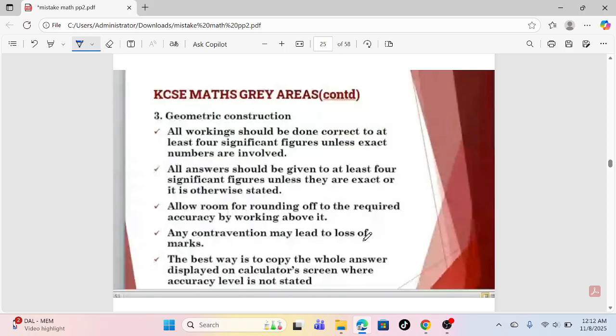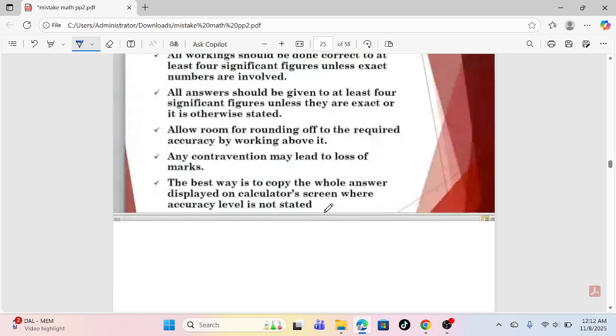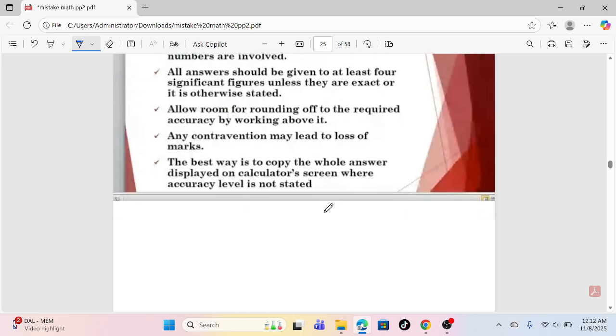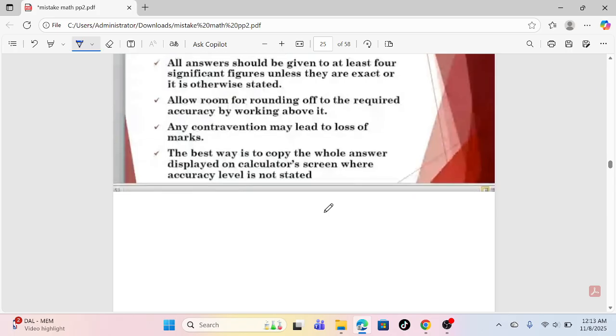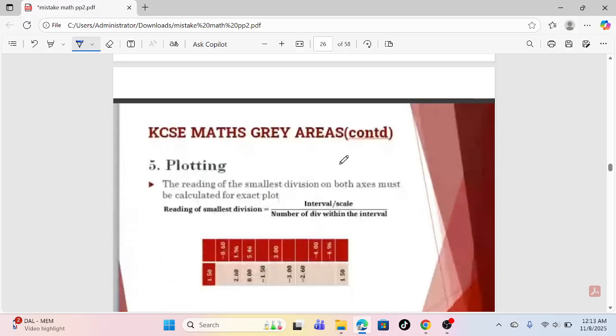If the question is restricting you to 2 significant figures or 2 decimal places or 1 decimal place, you have to follow the instruction. Allow room for rounding off to the required accuracy by working above it. Any premature rounding may lead to loss of marks. The best way is to copy the whole answer displayed on the calculator screen where the accuracy level is not stated. So that's when there's no restriction.